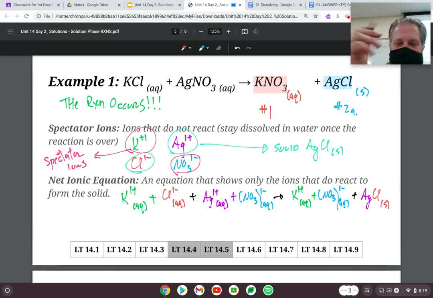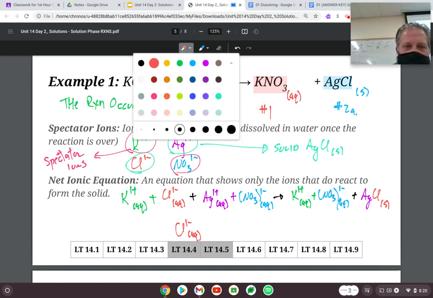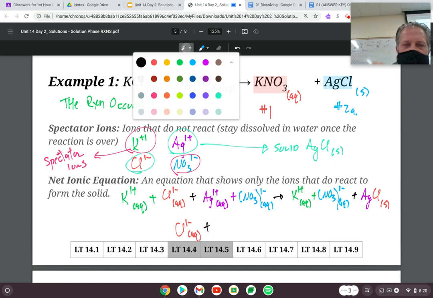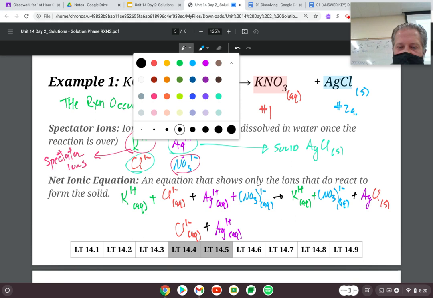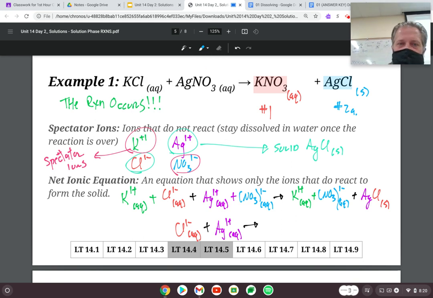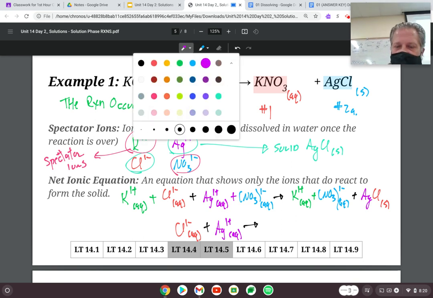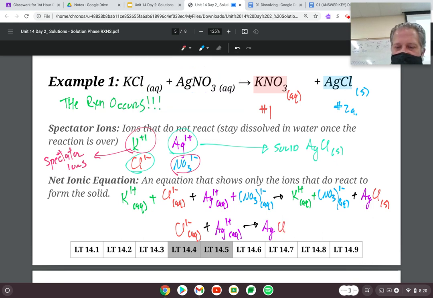So based on what I've written above, the Cl, which was aqueous, and the silver, which was also aqueous, react to form the Ag and the Cl, which ended up being a solid.